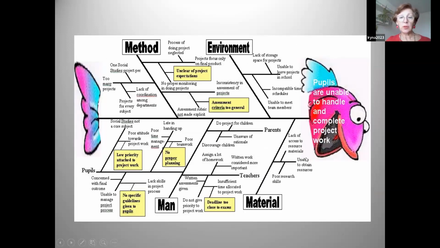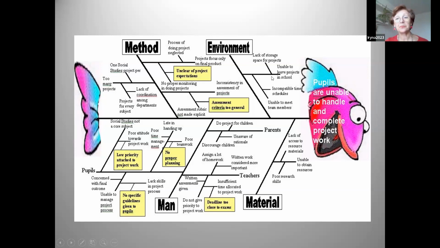So if you are doing a fishbone analysis for some problems, then you should know that the lengths of bones can be different. Stronger causes should have a longer bone. So the strength of the causes can be reflected in the length of bones.